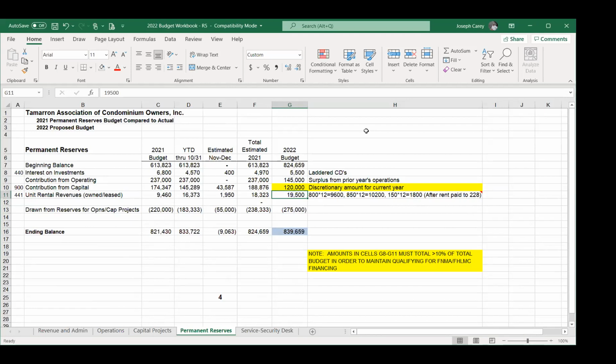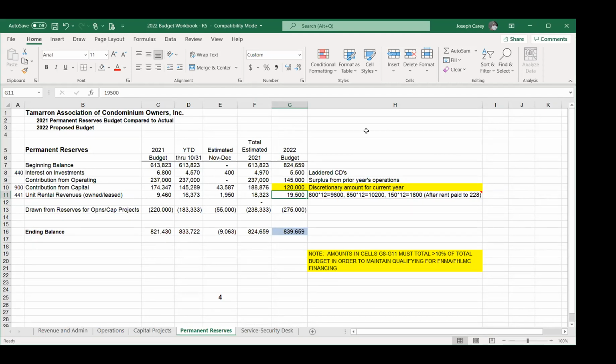And then we lease a unit from an owner and then sublet it to an employee, and we make $228 a month on that. Is that right? Something like that. Because we lease it for $650 and then it's 150. Yes, I think it's 150.